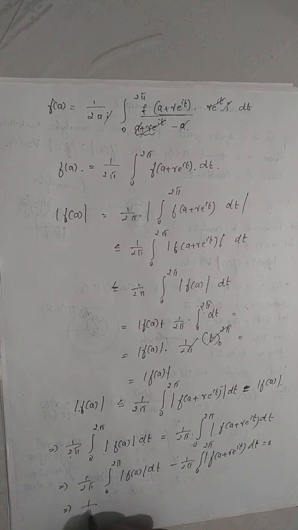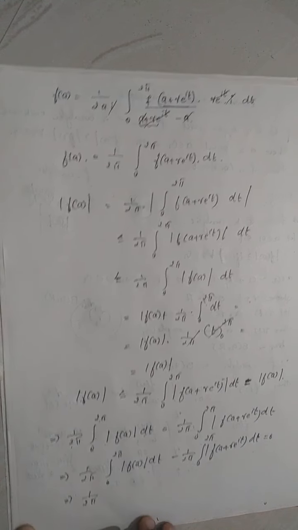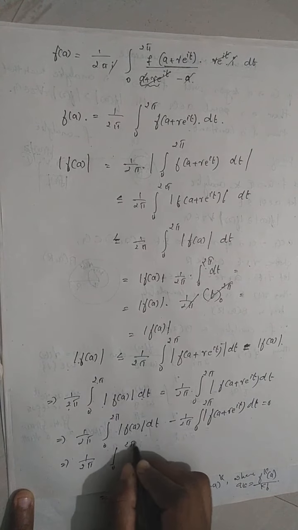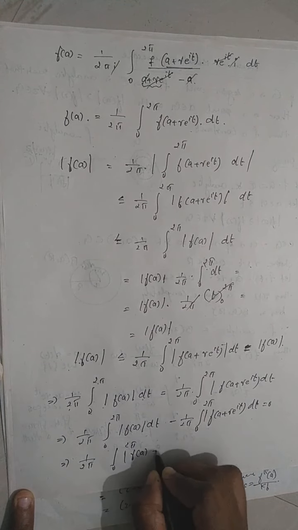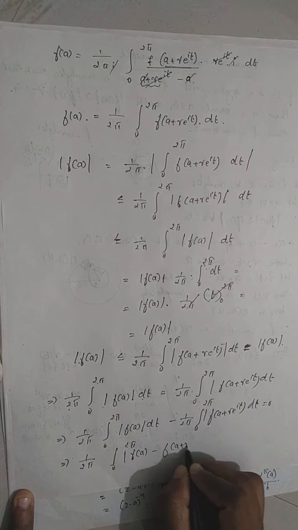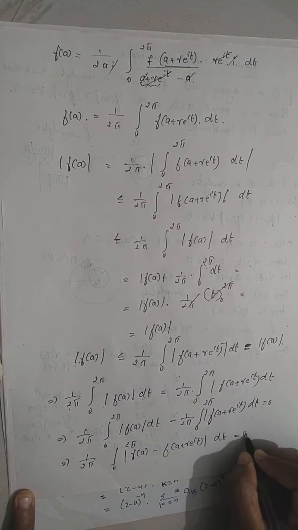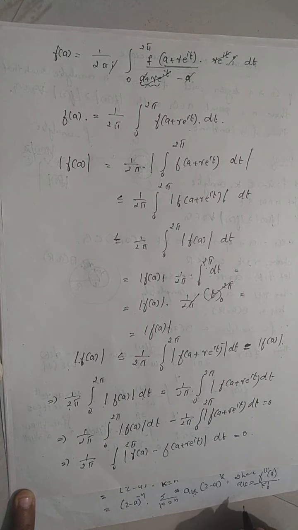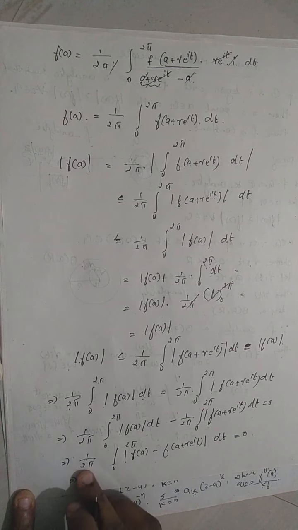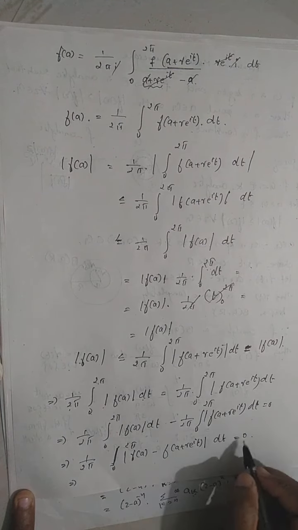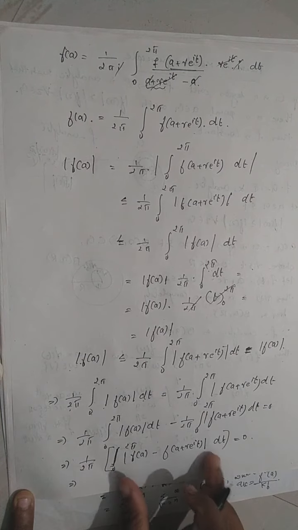So that means we can write 1 by 2 pi integral 0 to 2 pi modulus of f of a minus f of a plus r e raised to i t dt is equal to 0. So which implies this 1 by 2 pi into integral value equal to 0 means this integral is equal to 0.